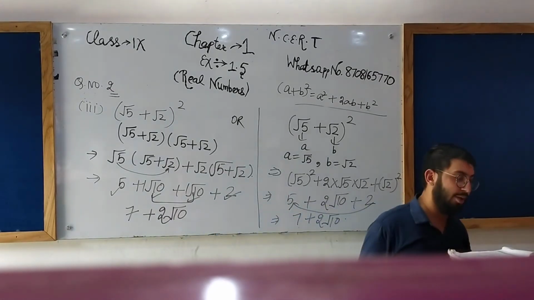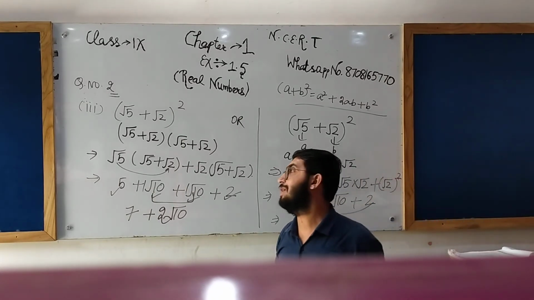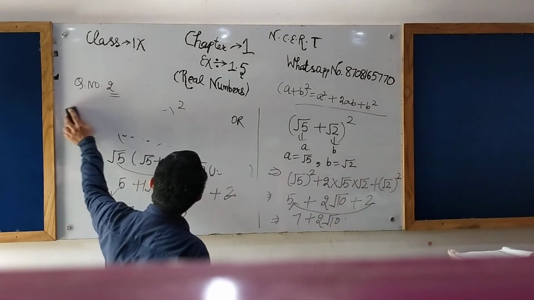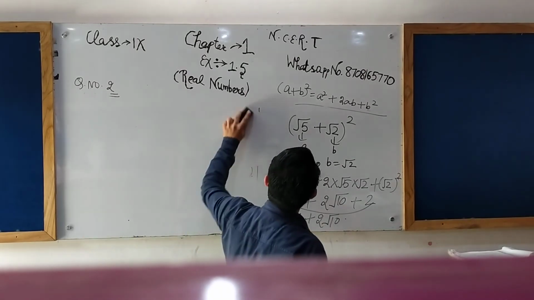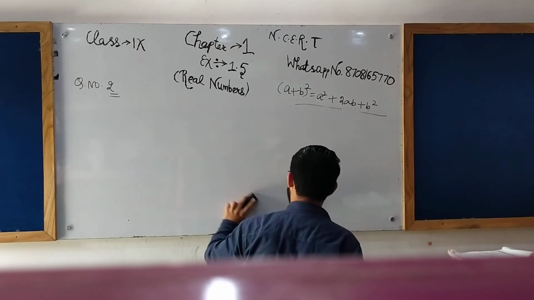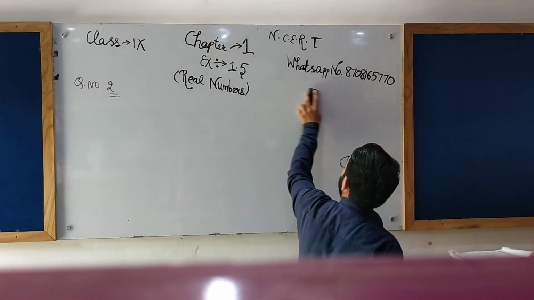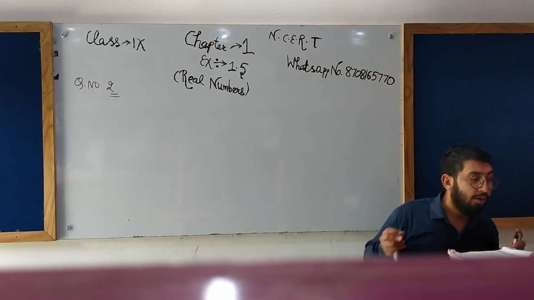We have done question number 2, third part. Now we are proceeding towards the fourth part of question number 2 of exercise 1.5, chapter number 1, real numbers.